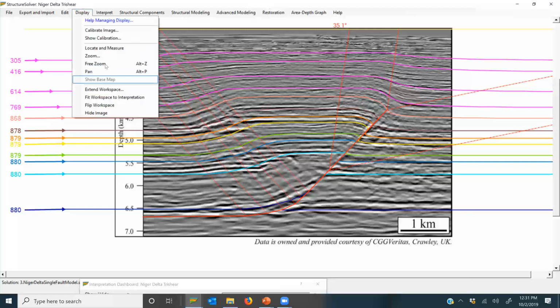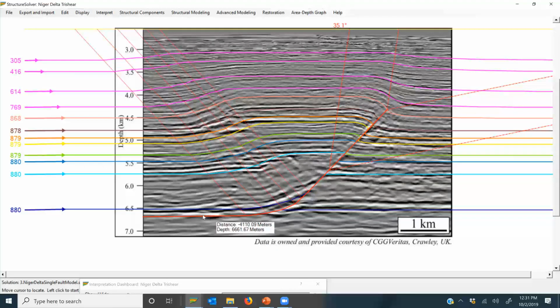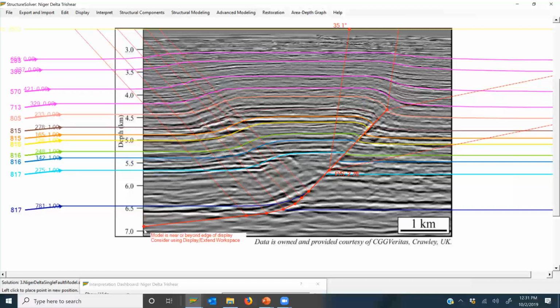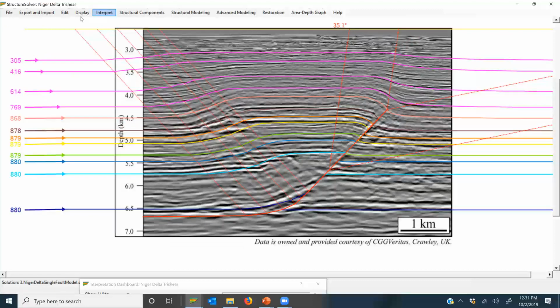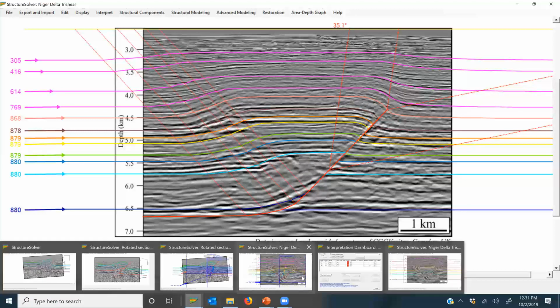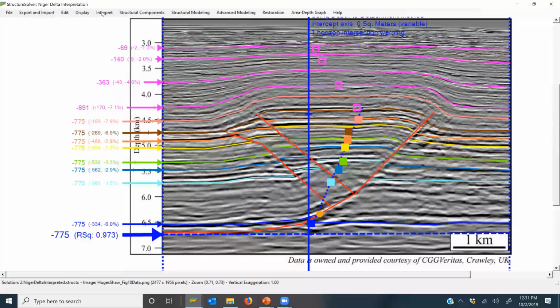You'll notice that the forward model estimates the flat detachment underneath the structure. So again, we arrive at that computed detachment by changing the geometry of the fault model until it matches the seismic data, and the computed depth from the forward model is about 6.7 kilometers, whereas the area depth method applied to this interpretation gives us a computed detachment depth of 6.7 kilometers.